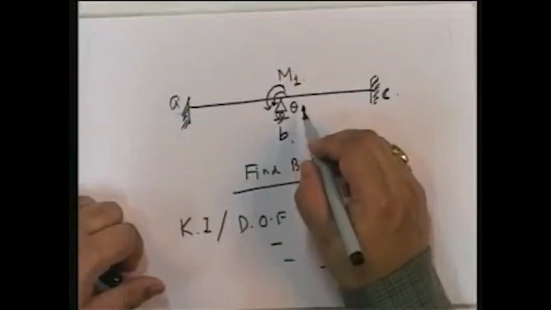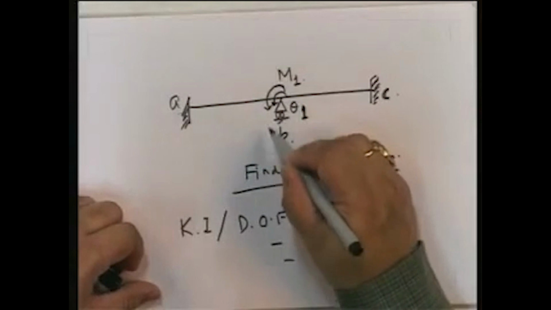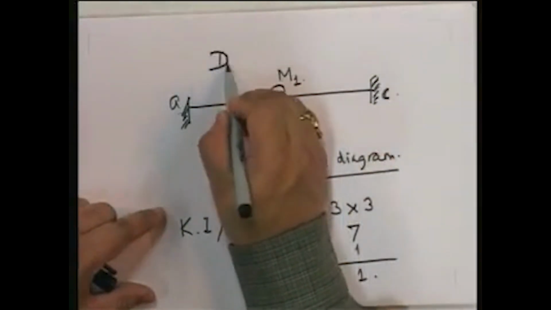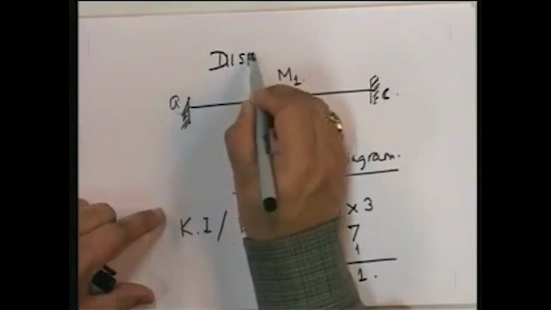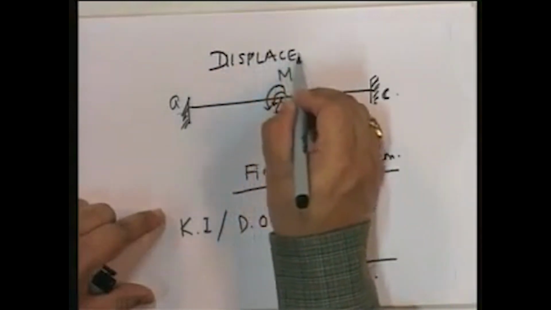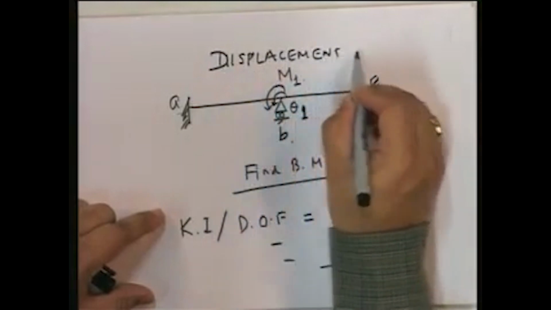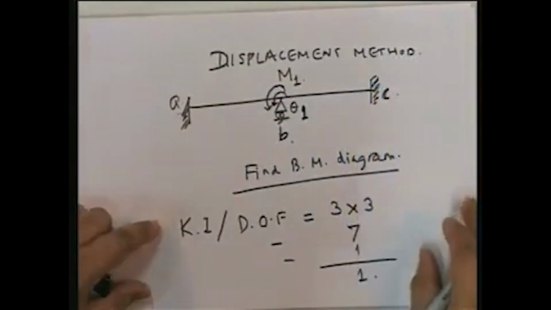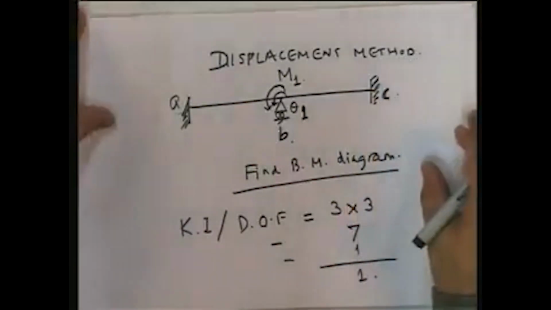And that is the reason why, because we are trying to find rotations and displacements, this method is classically called the displacement method of analysis.